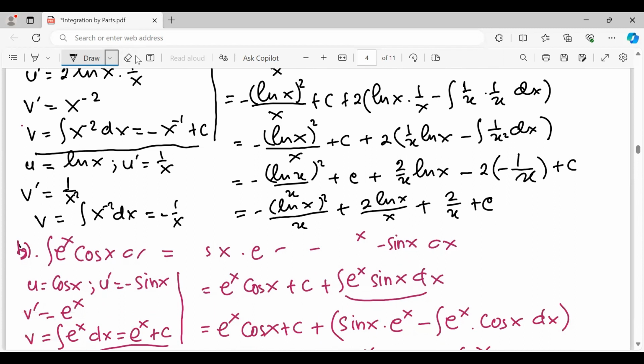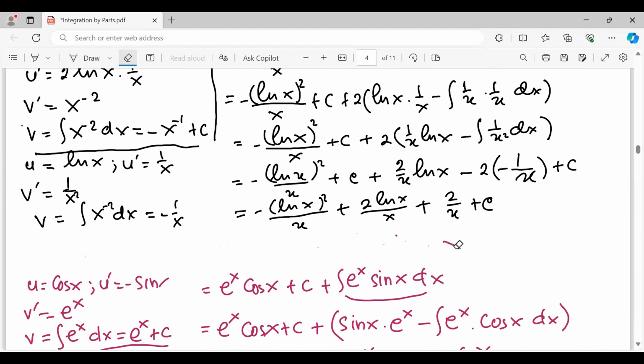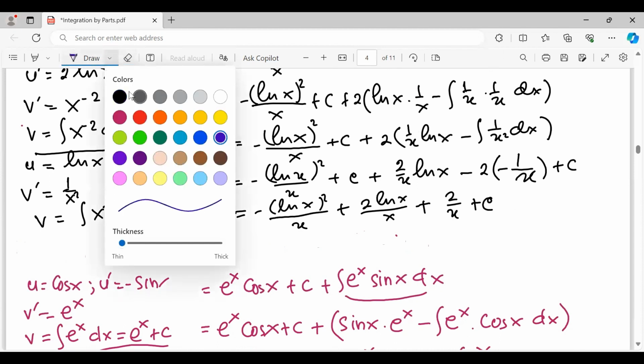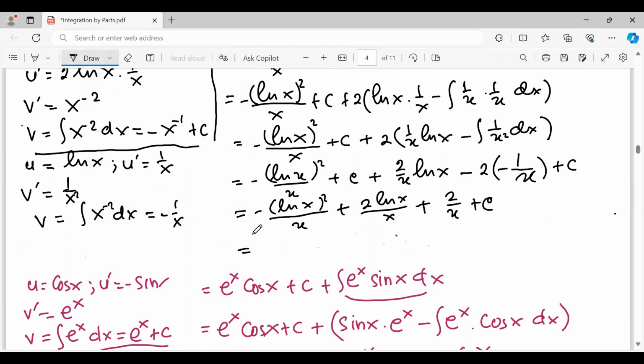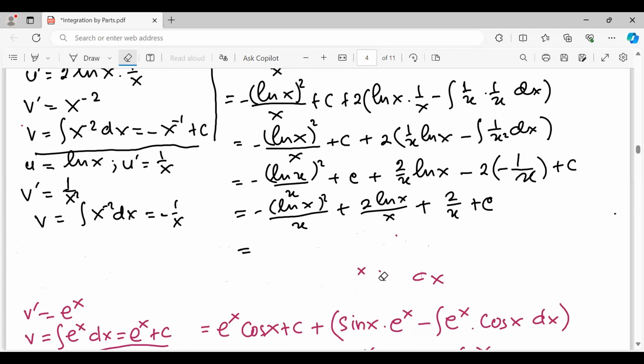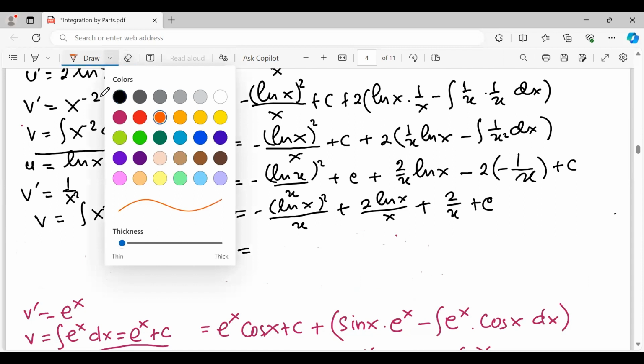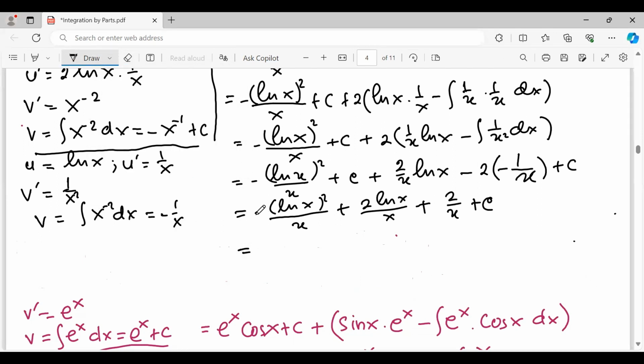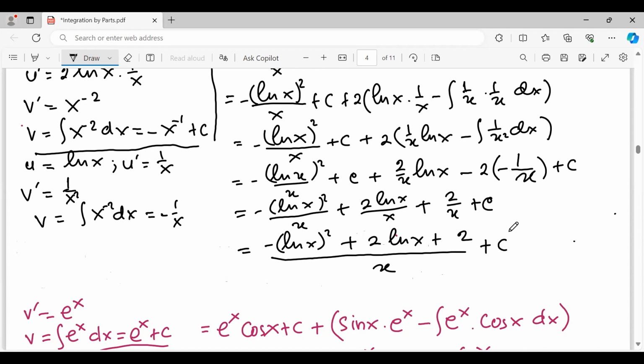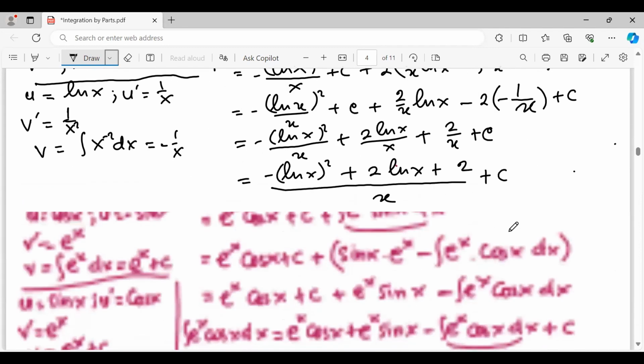Okay, I have to clean this area first. It will be minus ln x squared over x plus 2 ln x over x plus 2 over x plus c. That's for E.